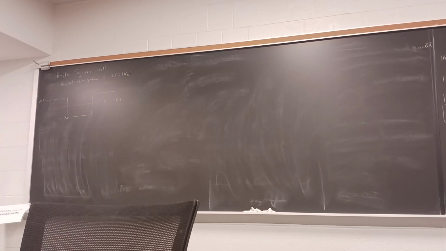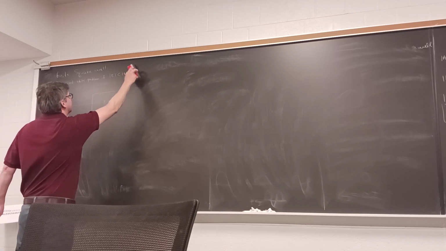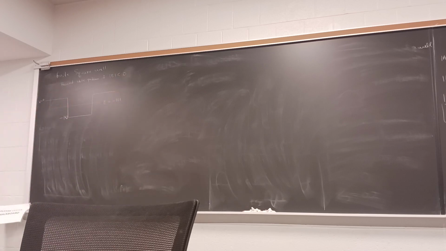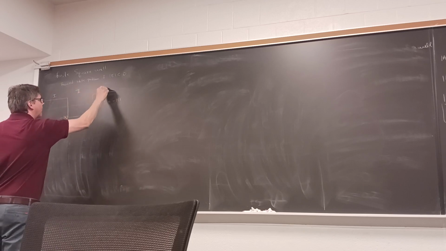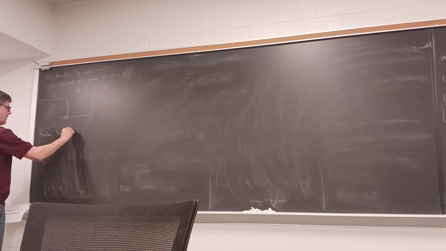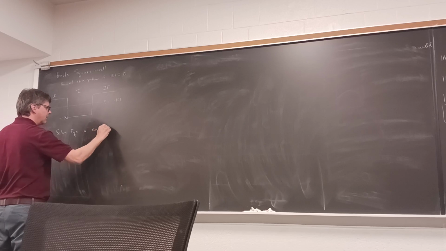As long as E is less than 0, that's a bound state problem. Okay, so let's put the regions in that we wrote before, regions 1, 2, and 3. And then we want to solve the Schrödinger equation in each region.